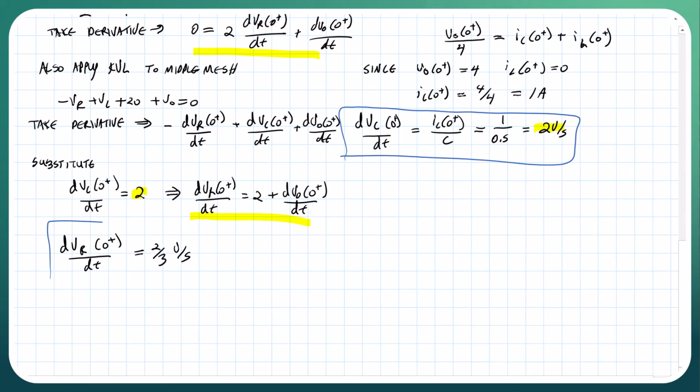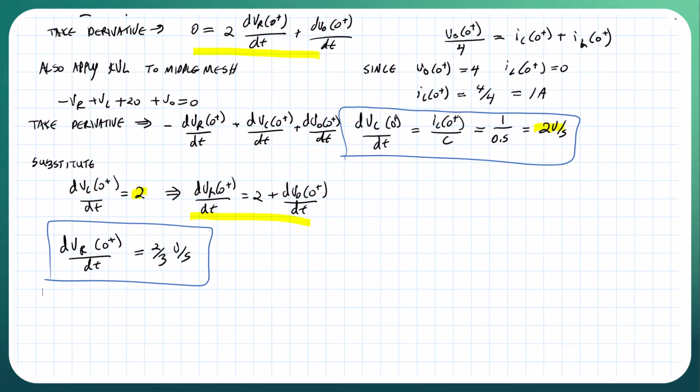We'll save this. So we applied a couple of KVLs and KCLs here to get the voltage across the resistor and the voltage across the capacitor, and now let's look at the change of the currents.